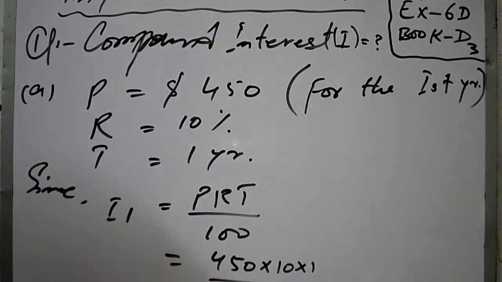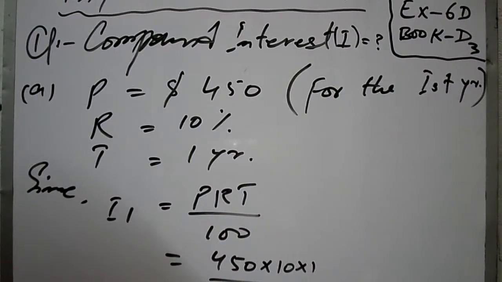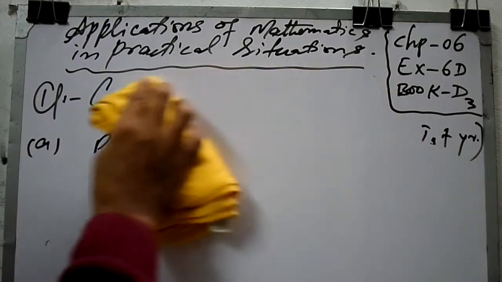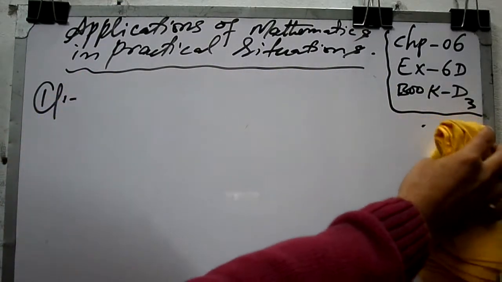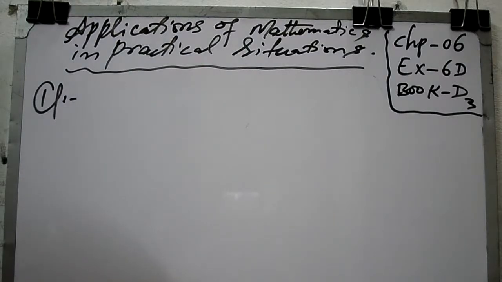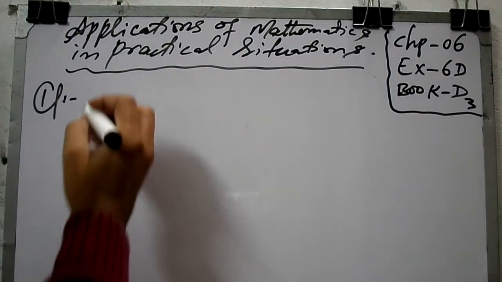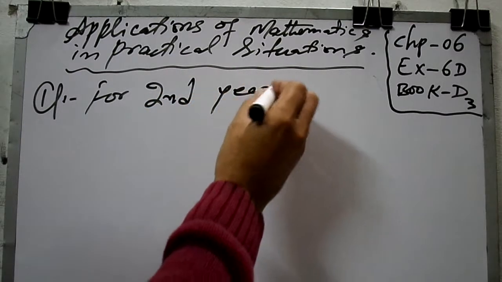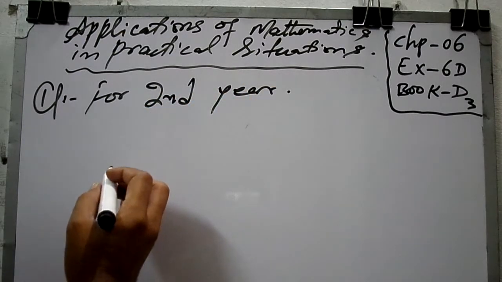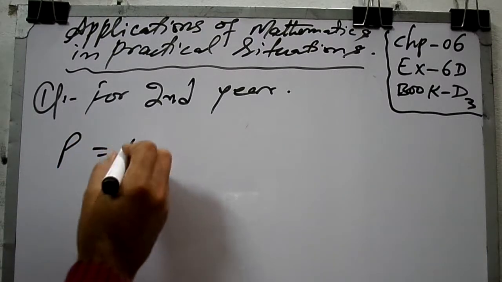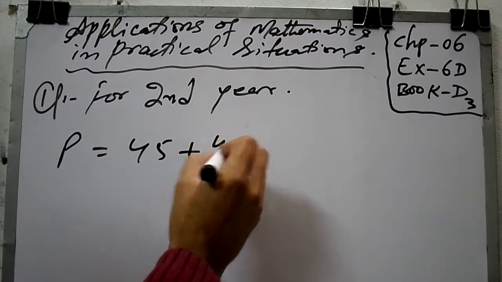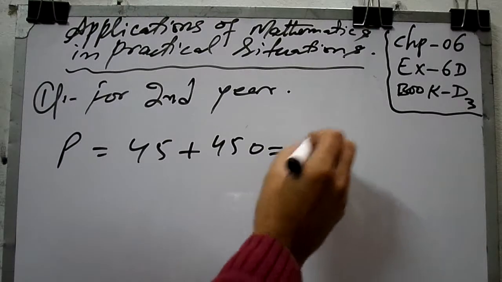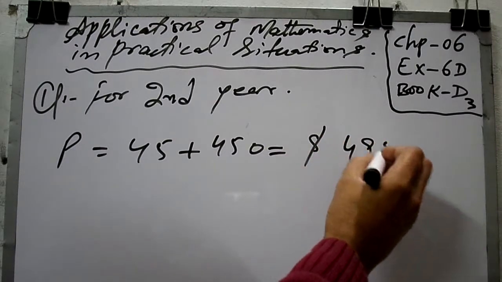Similarly, we have to calculate for the second year. For the second year, the principal amount becomes 45 plus 450, which is equal to $495.